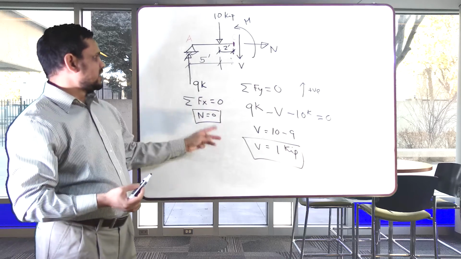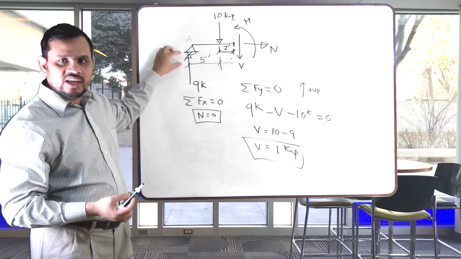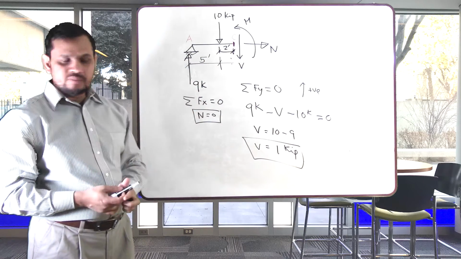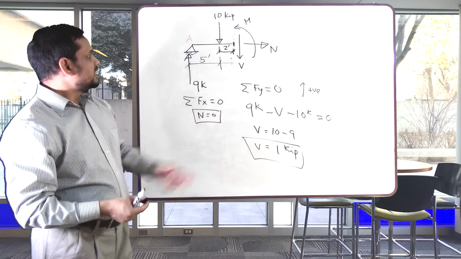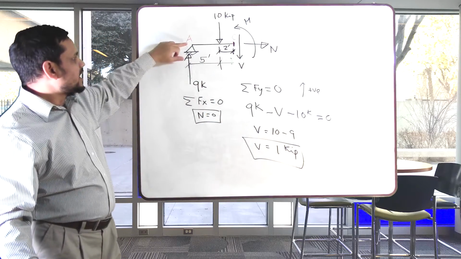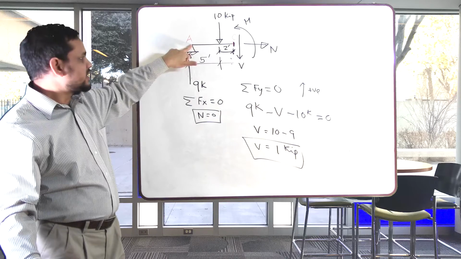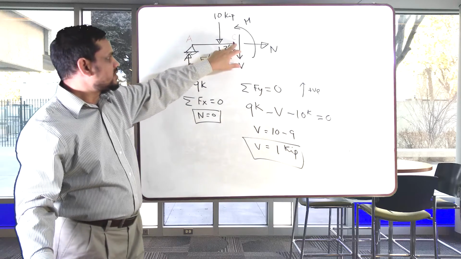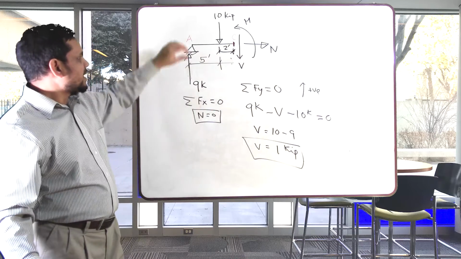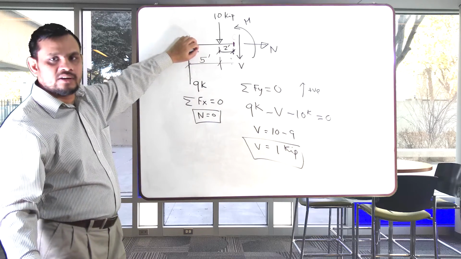As long as we know the external support reactions, we can cut anywhere and apply our equilibrium equations. Still my moment is unknown. What can we do? We can apply summation of moment here, or here, whichever point is easier for you. Let me apply summation of moment here.